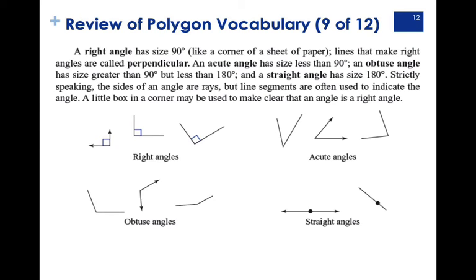Right angles. A right angle means it measures 90 degrees. Acute angles means that the measure is going to be less than 90 degrees. Obtuse angles indicate that it is greater than 90 degrees, and then a straight angle indicates that we have 180 degrees.